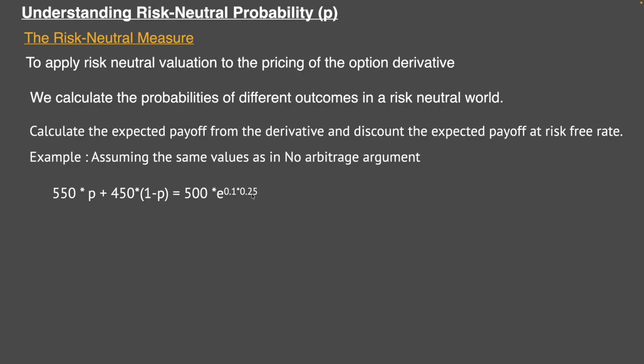In that problem we have considered T as 3 months. So 3 months is nothing but 3 by 12, it is 0.25 years.